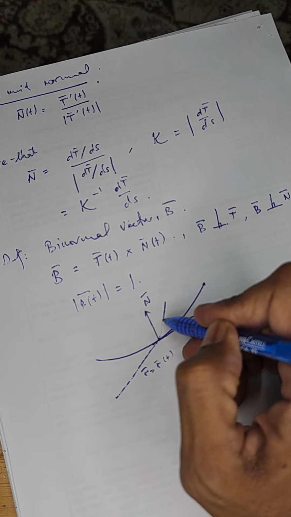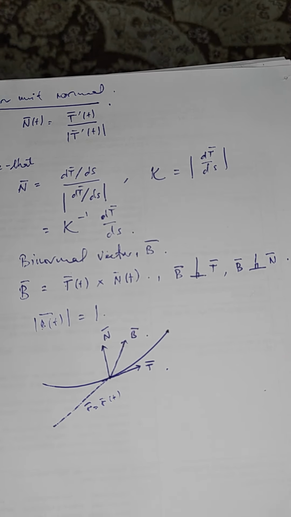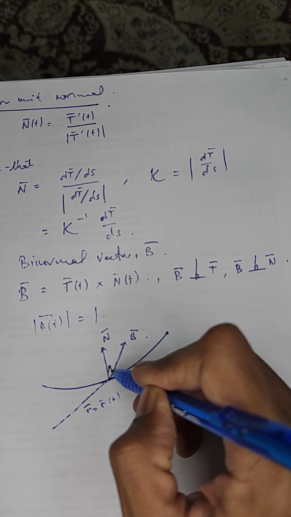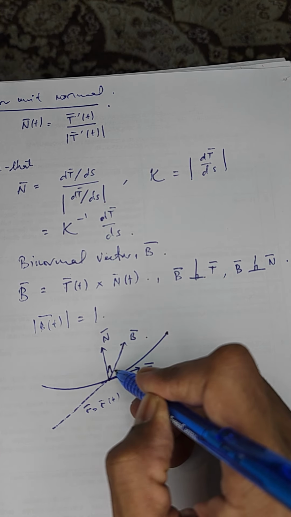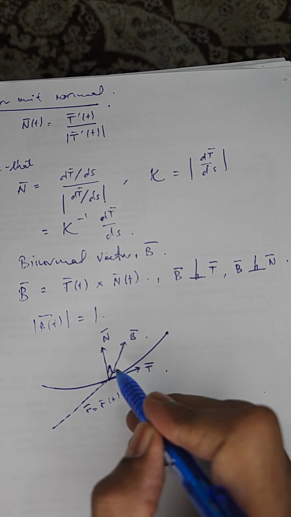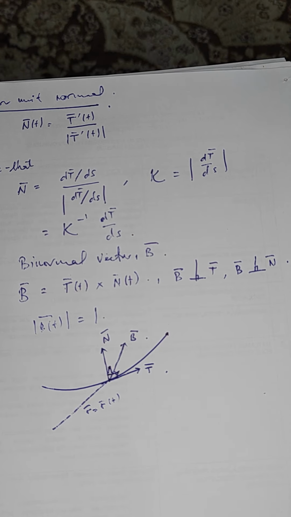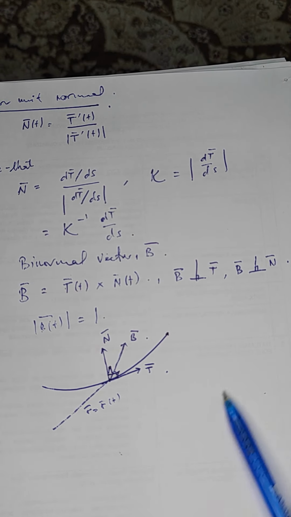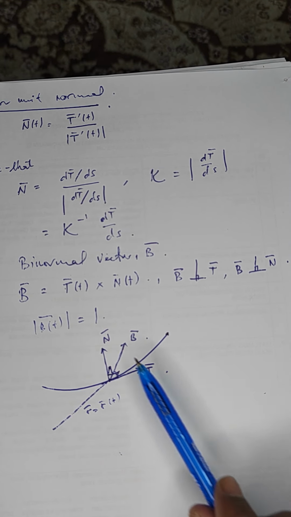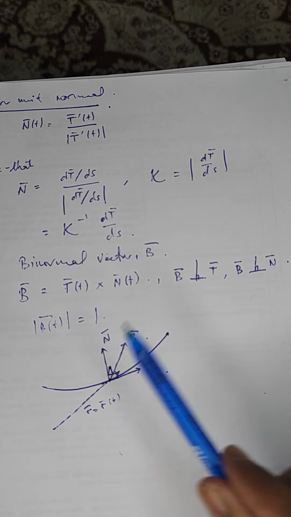So this is your B, where B is perpendicular to N, B perpendicular to T, and N is also perpendicular to T. So this is at any point, the position of T, B and N is given as that.